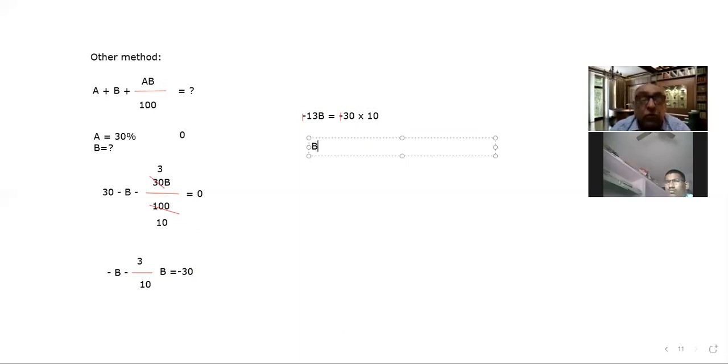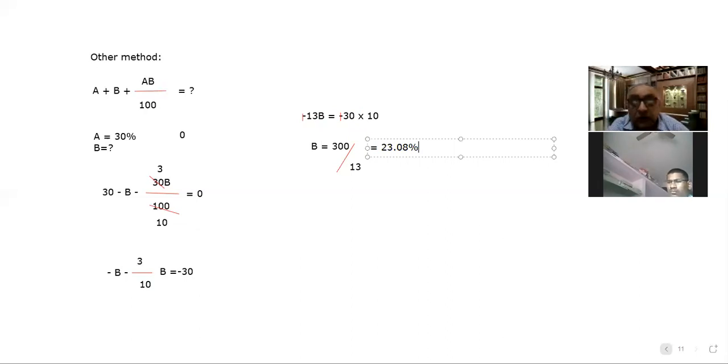B is equal to 300 divided by 13, the same figure which was there on the earlier screen. So that is equal to 23.08%. So you can use this formula also. This formula is easier as compared to that.